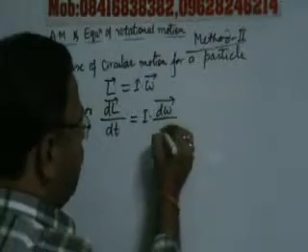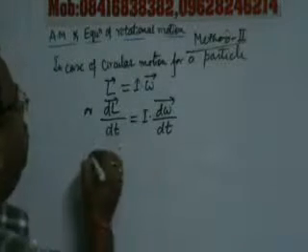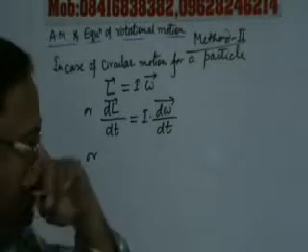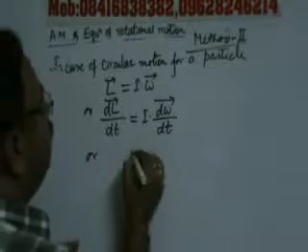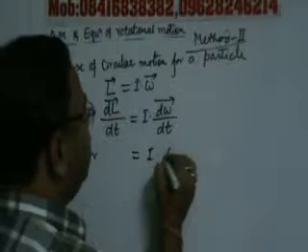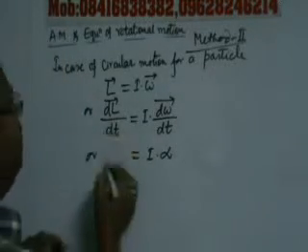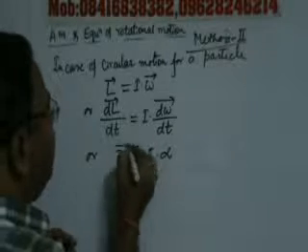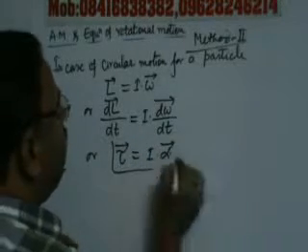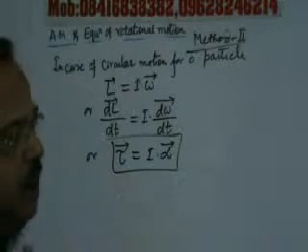And d omega by dt is alpha, so this will be I into alpha. This dL by dt can be written as tau. So tau will be equal to I into alpha.